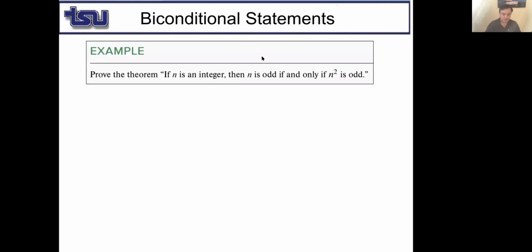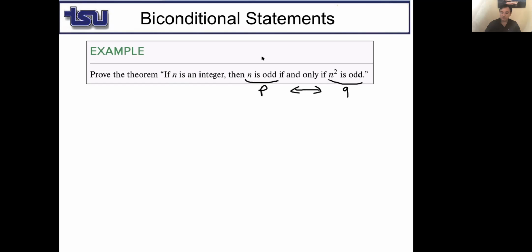Here is an example. Prove the theorem: if n is an integer, then n is odd if and only if n squared is odd. So here, n is odd, that is P, and this is Q, if and only if.